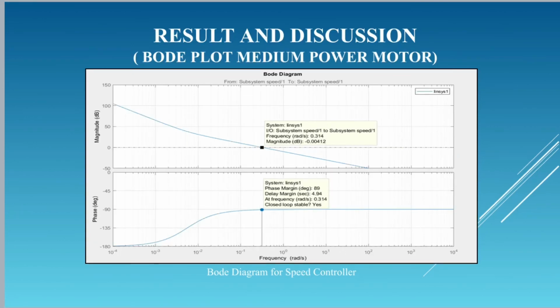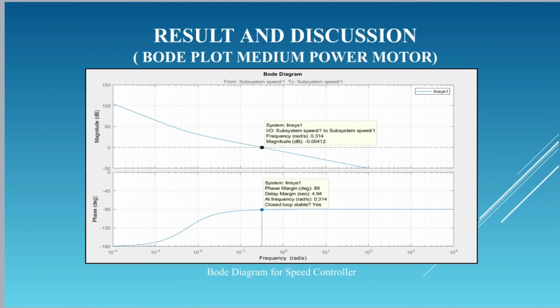As for the speed controller design, the cross frequency chosen is approximately 4 orders of magnitude smaller than that of the torque loop. Therefore, the values of omega C omega, Ki omega, and Kp omega are 0.13142 radian per second, 0.0015, and 0.2677 respectively.